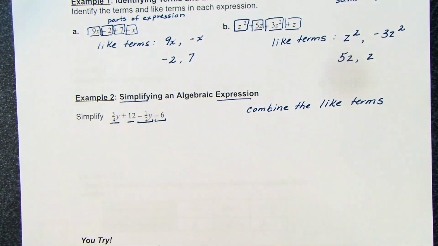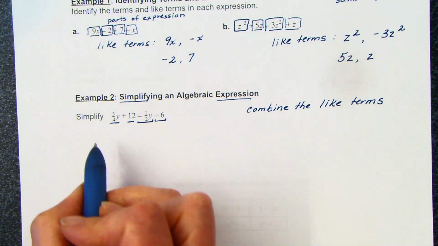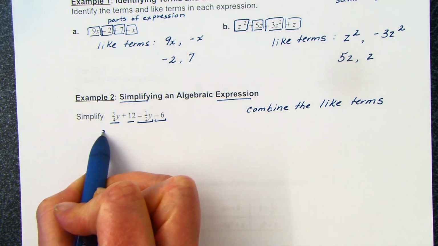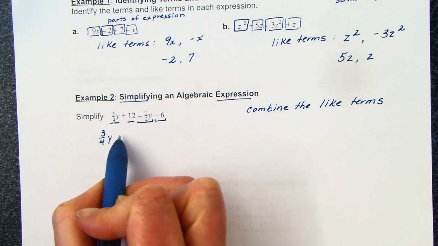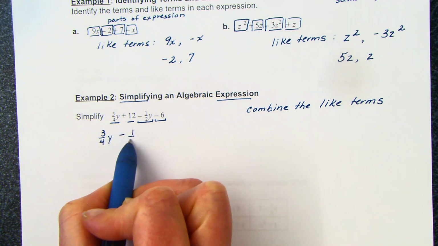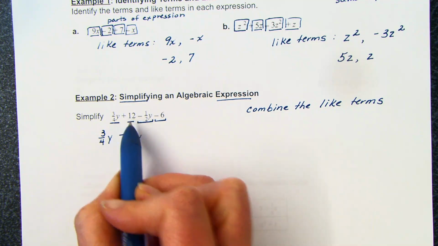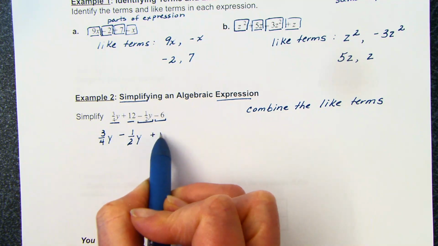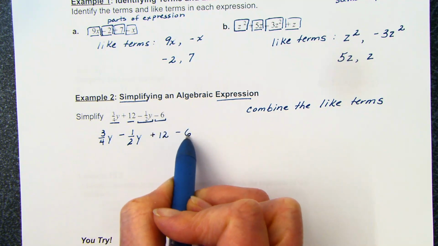So let's use the commutative property and rearrange that so the like terms are together. So we'll put 3/4 y and the negative 1/2 y together. And then this was a positive 12 and a negative 6.